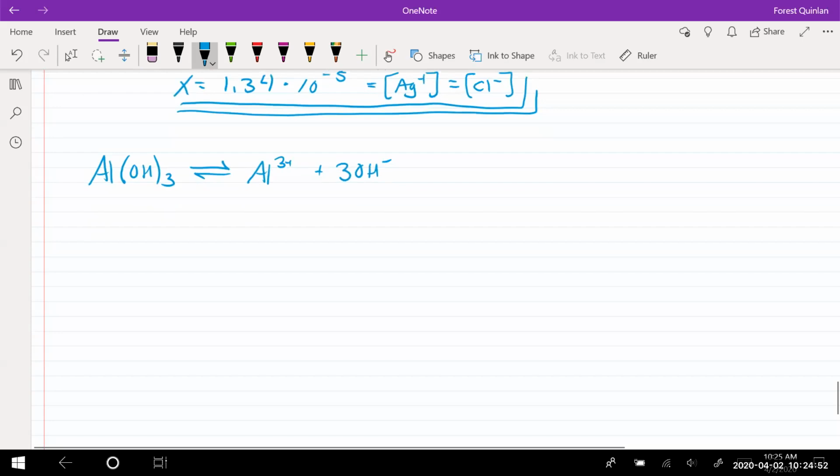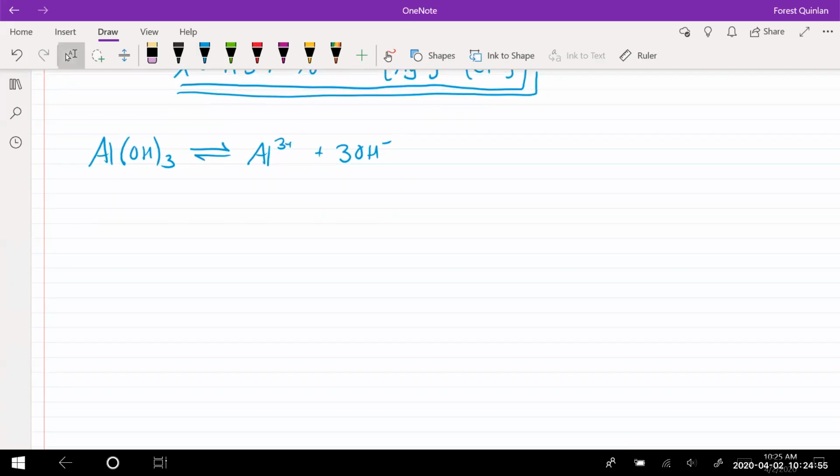Your X is going to be the concentration of your Al3 plus, and then it's going to be 1/3 your concentration of OH minus. OH is going to be 3 times aluminum. So let me just show you this real quick again, because I think it's useful.